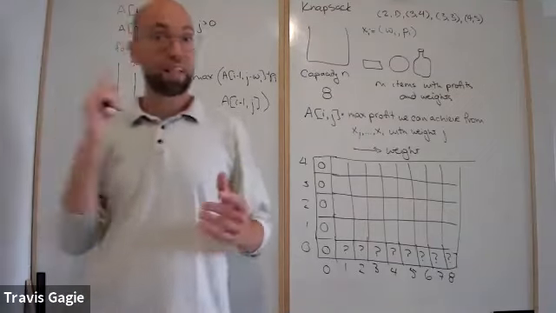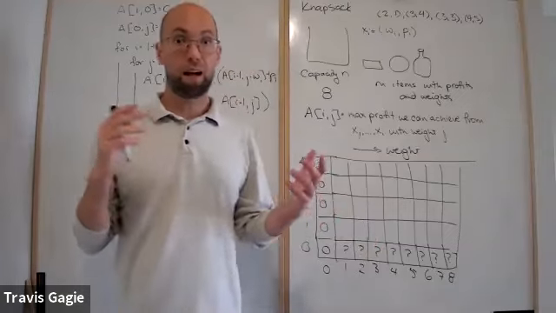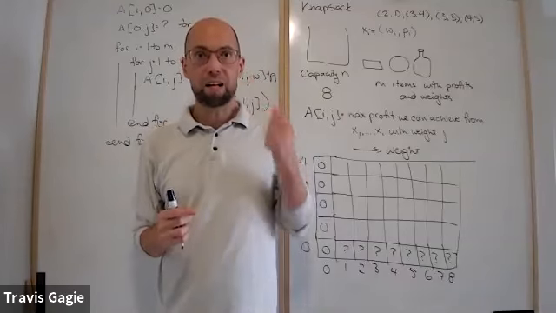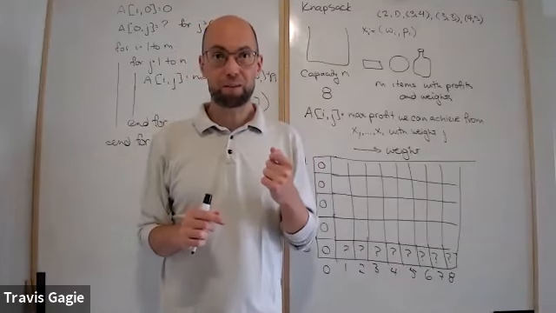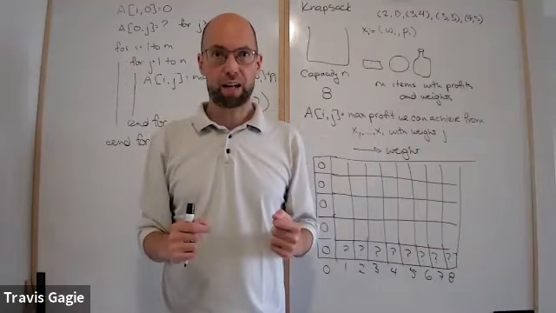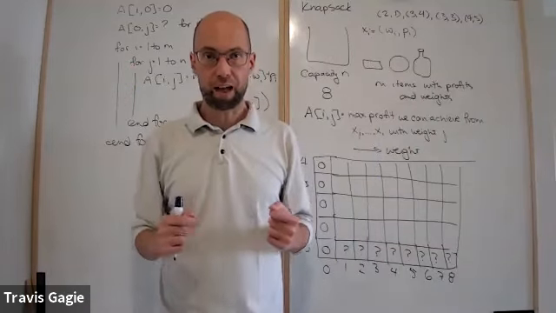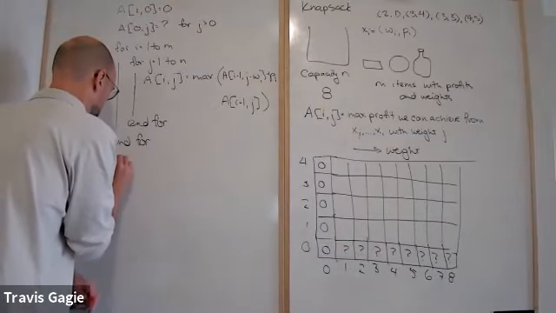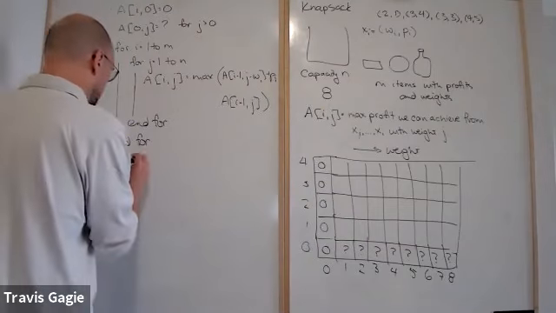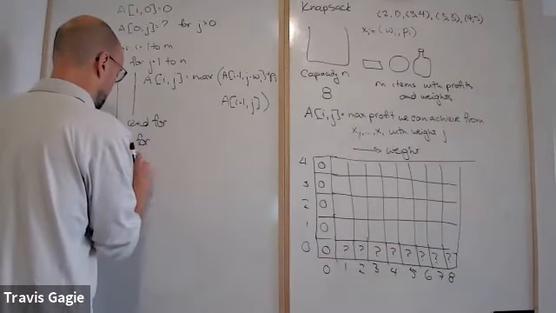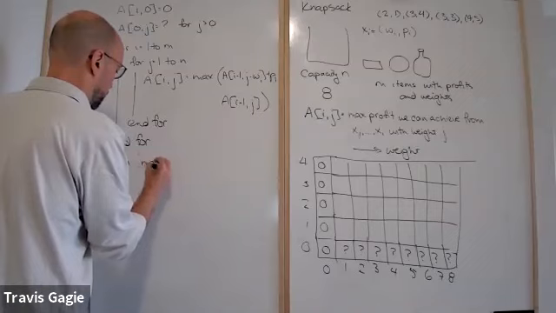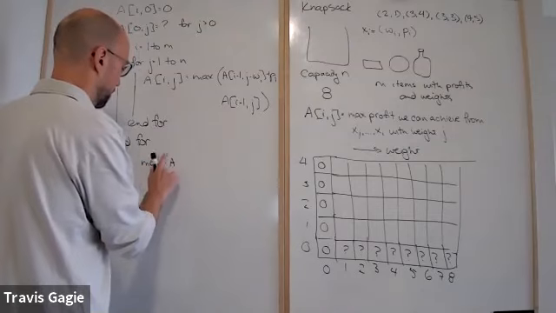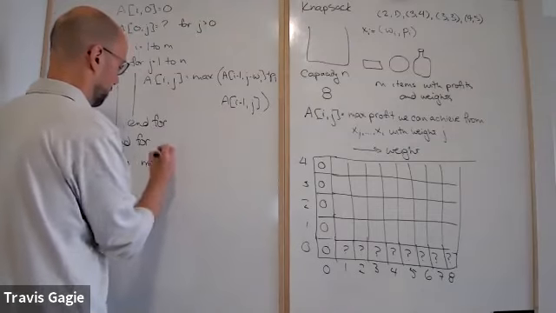But now we can't just do this thing where we say print Amn, right? Because print Amn is going to tell you the maximum profit you can get exactly filling the knapsack. We don't want that. So we want to print max. I don't need an extra bracket here. I do if I were writing C. Max, I'm going to put a curly brace because this is a set.